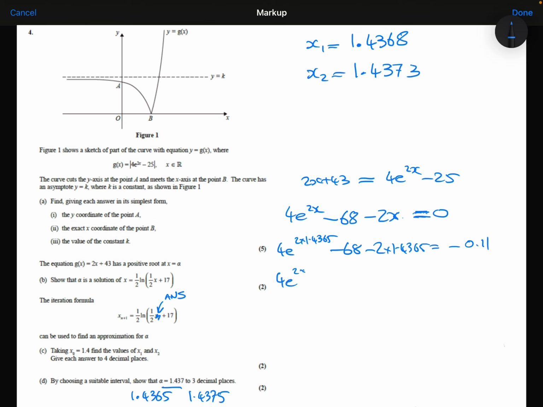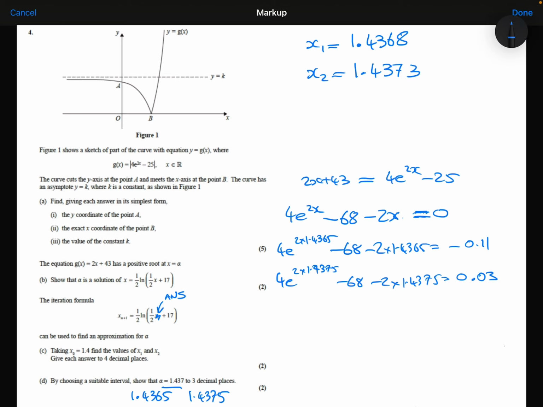We're now going to do exactly the same thing with the upper bound. So let me just go back to my calculator and change the lower bounds to be upper bounds now. And I get positive 0.03. So we have a sign change.